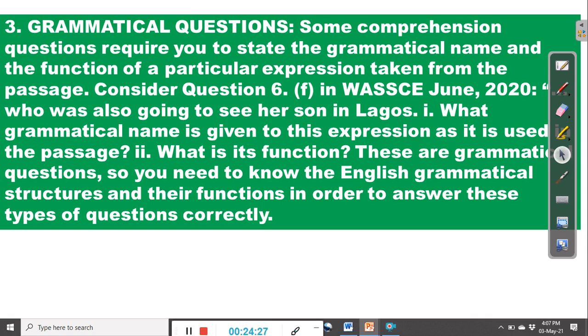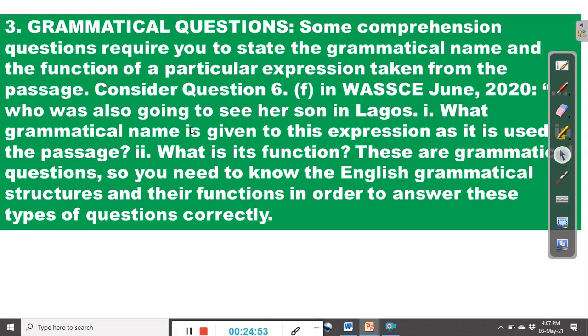in the West African Senior School Certificate Examination of June 2020. Again, we will go back to that passage and you see what has been lifted from the passage: who was also going to see her son in Lagos. And then two questions are asked based on this expression taken directly from the passage.